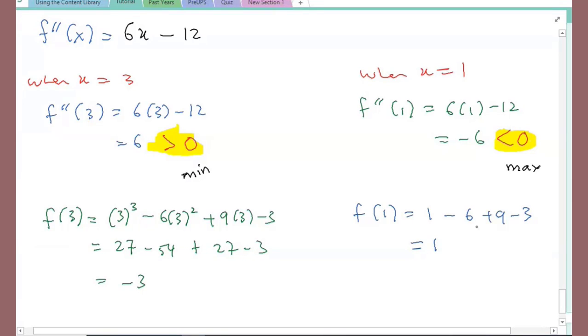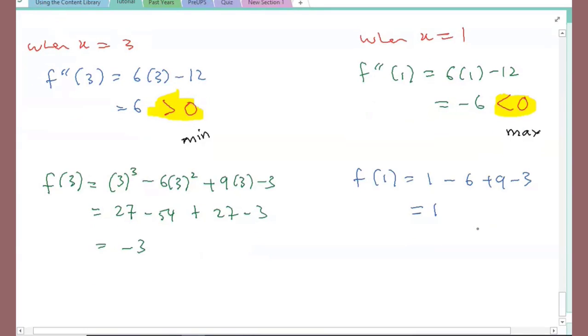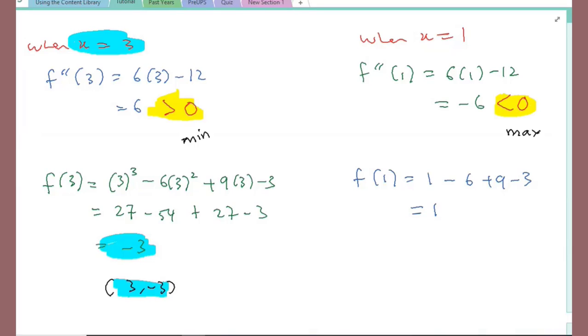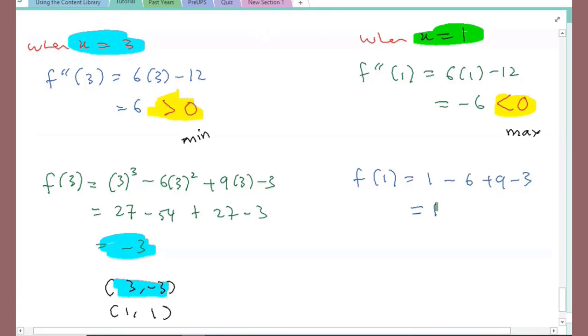Okay, then the points. So the point is (3, -3). This one is x, this one is y. And then (1, 1). This one is x, y.